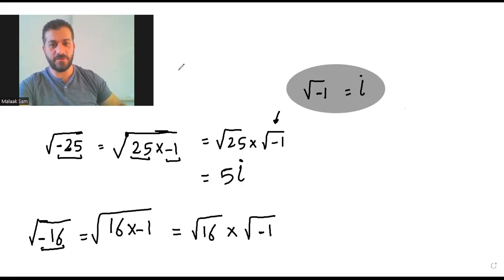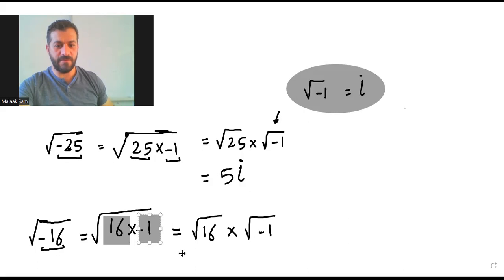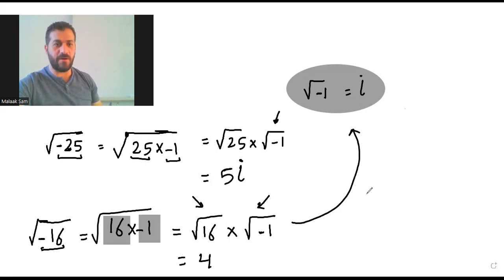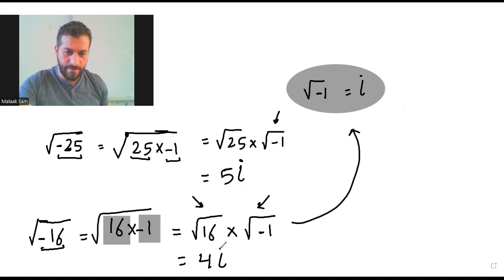So it's the square root of 16 times the square root of negative 1. The square root of 16 equals 4, and the square root of negative 1 is not a real number, and we write it as i. i stands for imaginary number. So it's 4i.